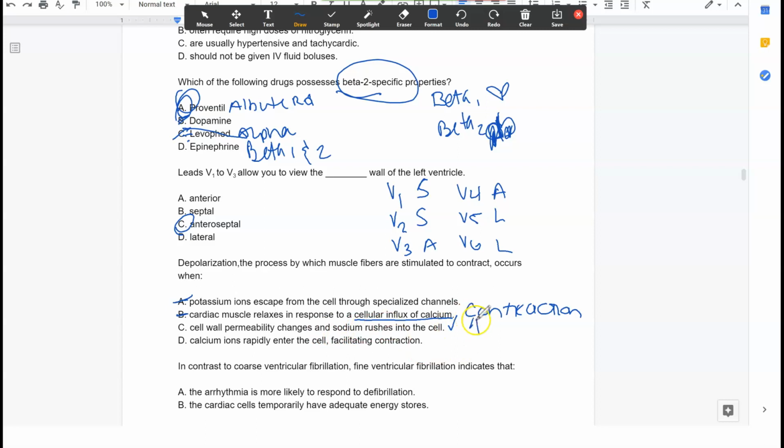Yeah, because that's what increases the positive ions in the cell. Calcium ions rapidly enter the cell, facilitating contraction. Calcium ions aren't rapid, they're kind of slow. This is not part of depolarization. This is part of the contraction side again. This is the mechanical, not the electrical.